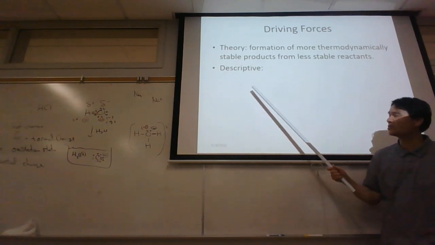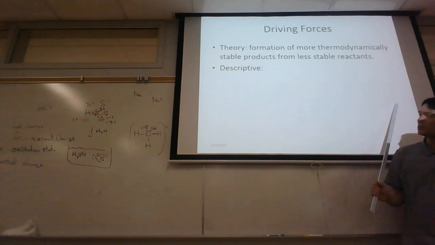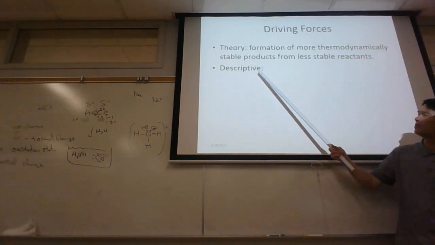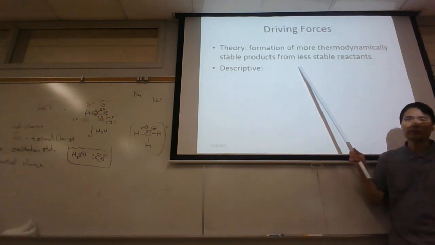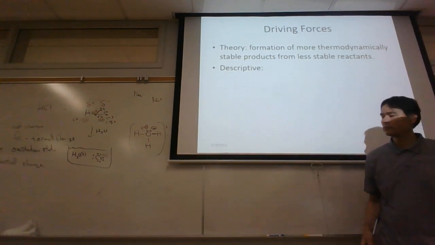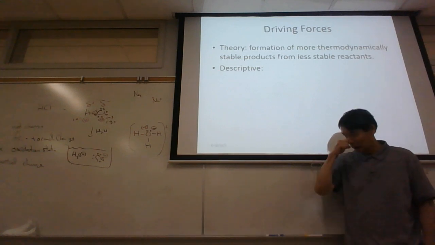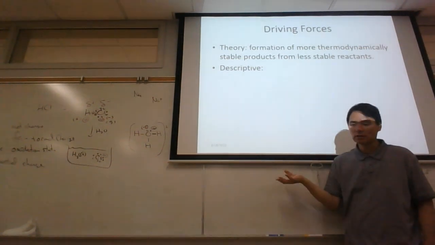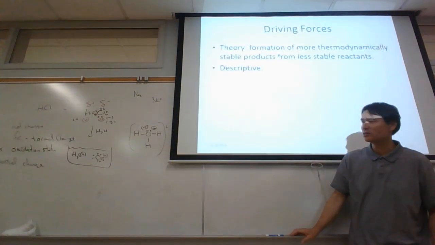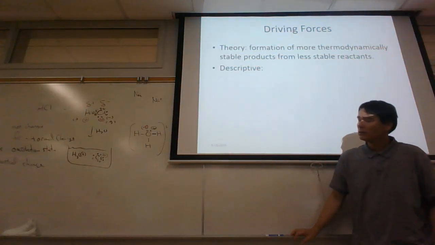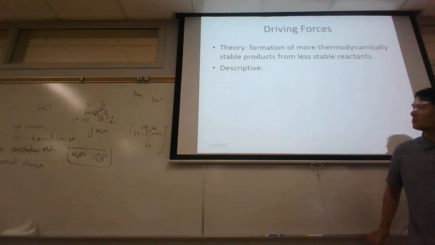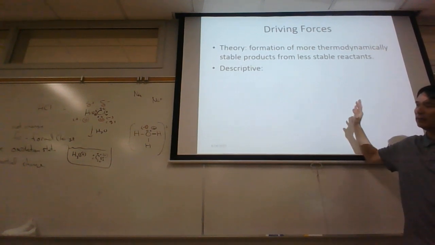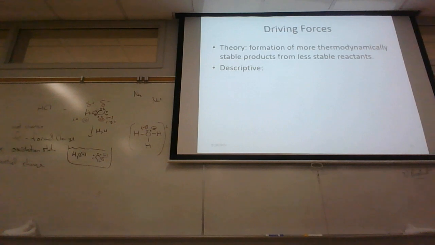Or neutralization, where we're neutralizing strong acids and strong bases and making weaker acids and weaker bases from them. And so in terms of descriptive chemistry, those are the types of things we look for. In terms of redox, we look for going from more powerful oxidizers and more powerful reducers to weaker oxidizers and weaker reducers. And so for these three types of reactions, we're going to be focusing on three different driving forces. There's some overlap, but for the most part, they're different.